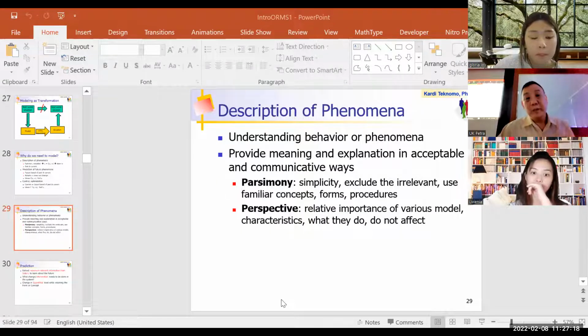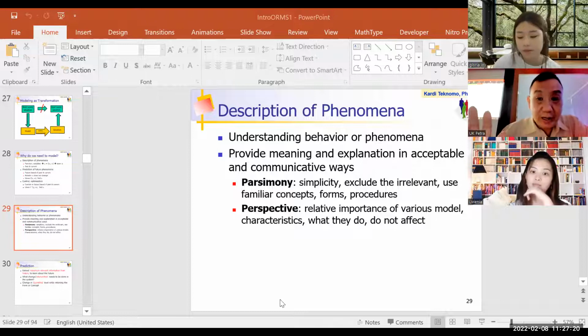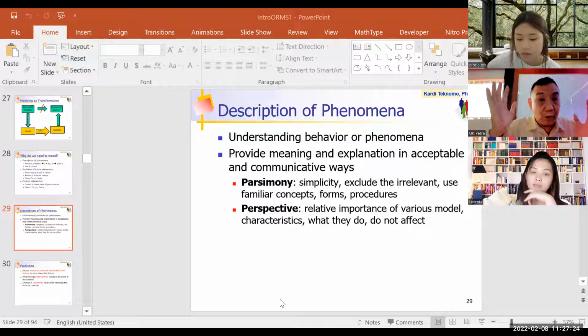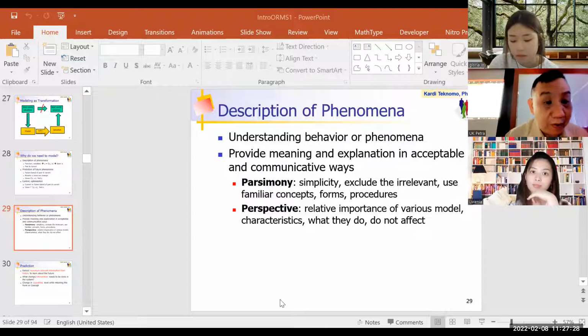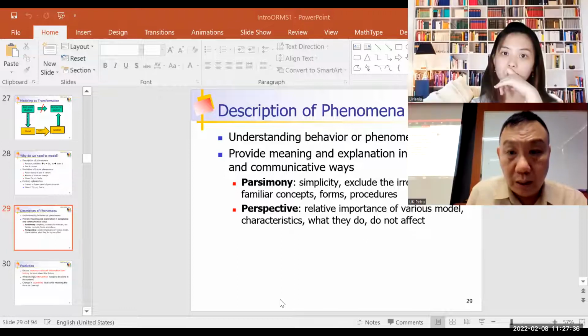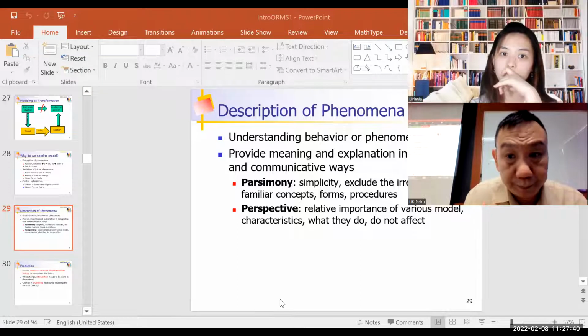Okay, so in description of phenomena, you start to model. Then how to model? You simplify, the principle of parsimony, which is to exclude the irrelevant.